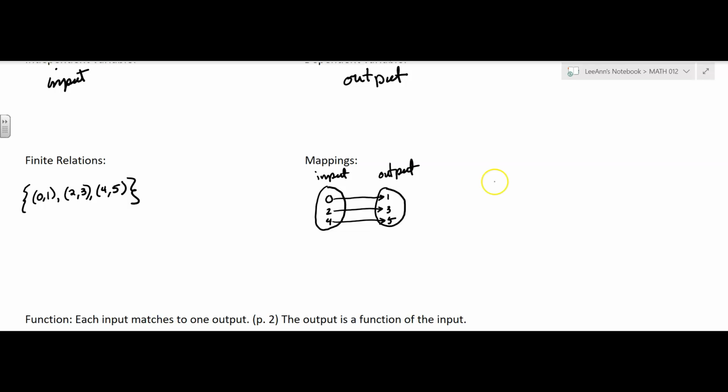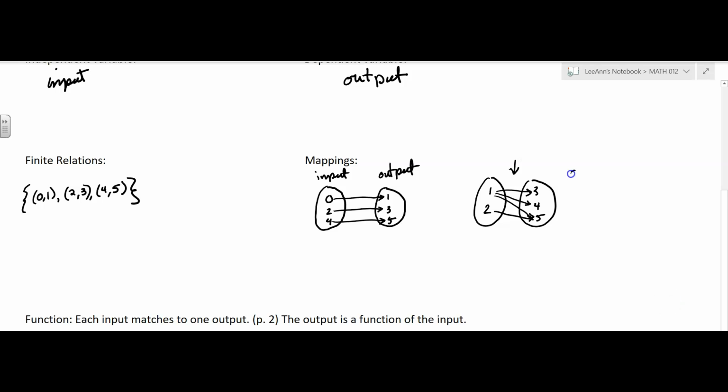Now you could have a mapping like this. 1 and 2, and then maybe over here you have 3, 4, and 5. Maybe 1 maps to 3, and 1 maps to 4, and 1 maps to 5, and maybe 2 just maps to 5. This would be a relation. It's a set of ordered pairs. There would be 4 ordered pairs because there are 4 arrows.